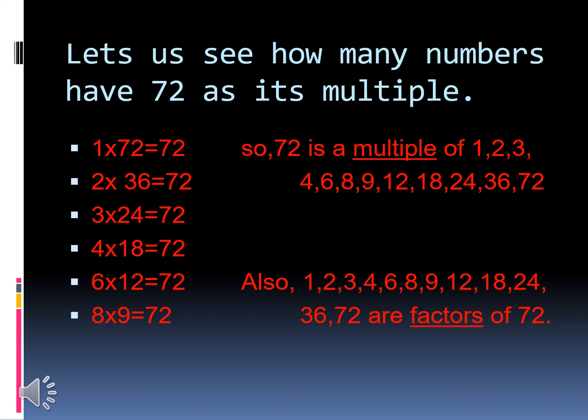So when you reach such a stage, when you get two consecutive numbers, it gives an end to the multiples, to the factors, and between 9 and 12 there are numbers 10 and 11. You don't need to check those numbers, as they will not give you any multiple as 72. So this is how the number gets decreased and we get a limited number of factors.